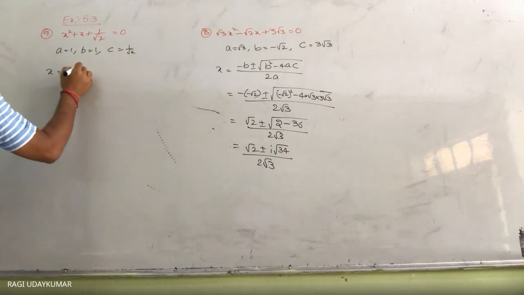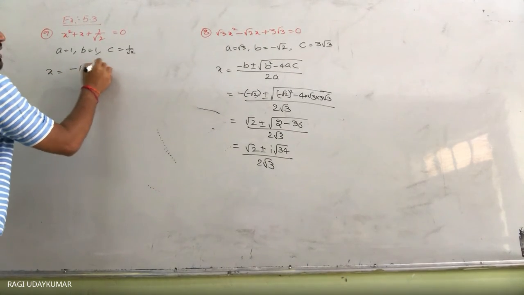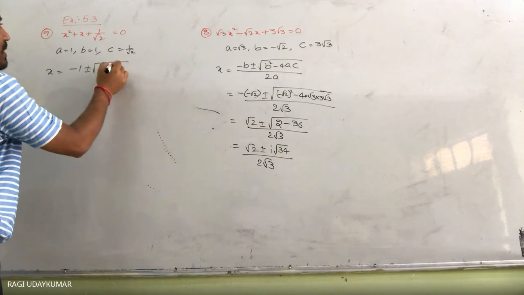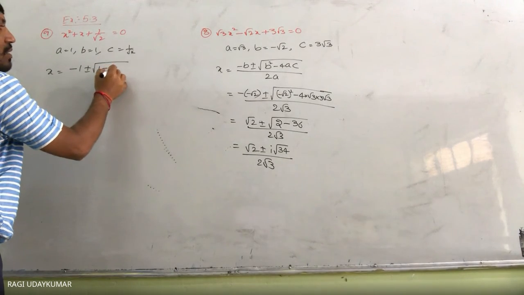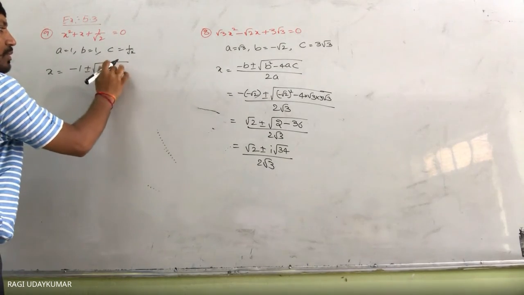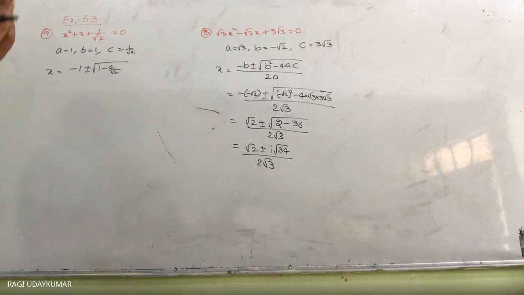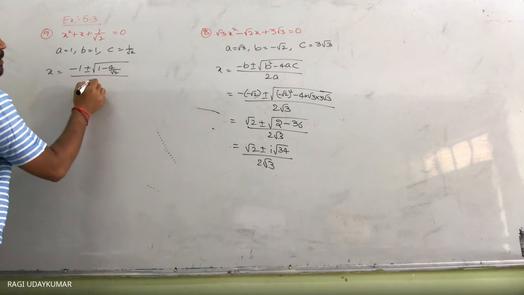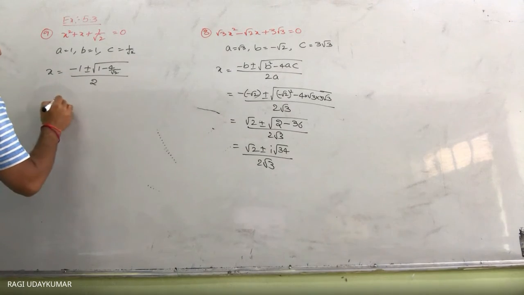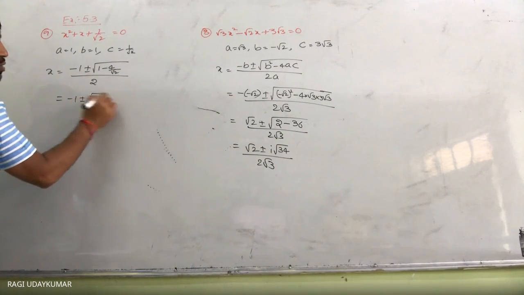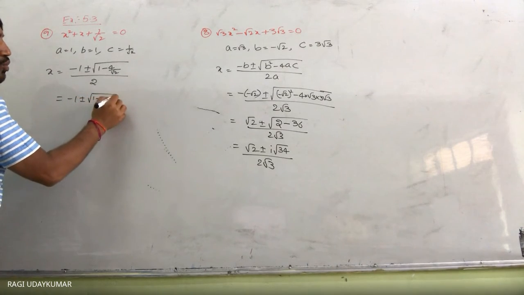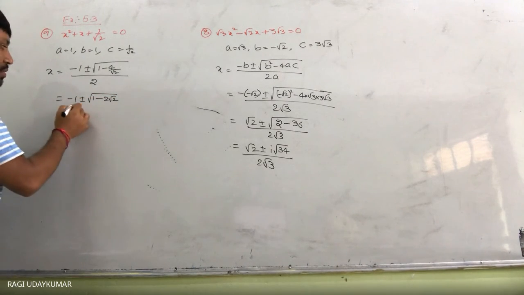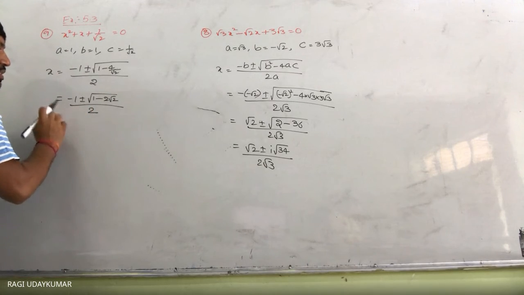X is equals to minus B plus or minus under root of B square minus 4AC. 4 by root 2 can be written as 2 root 2. Here itself you can write by 2, minus 1 plus or minus under root of 1 minus 2 root 2 by 2.